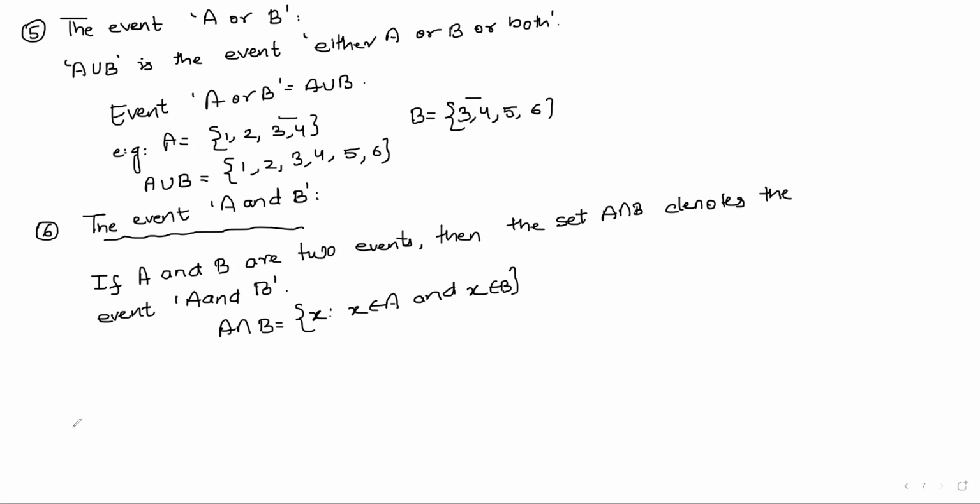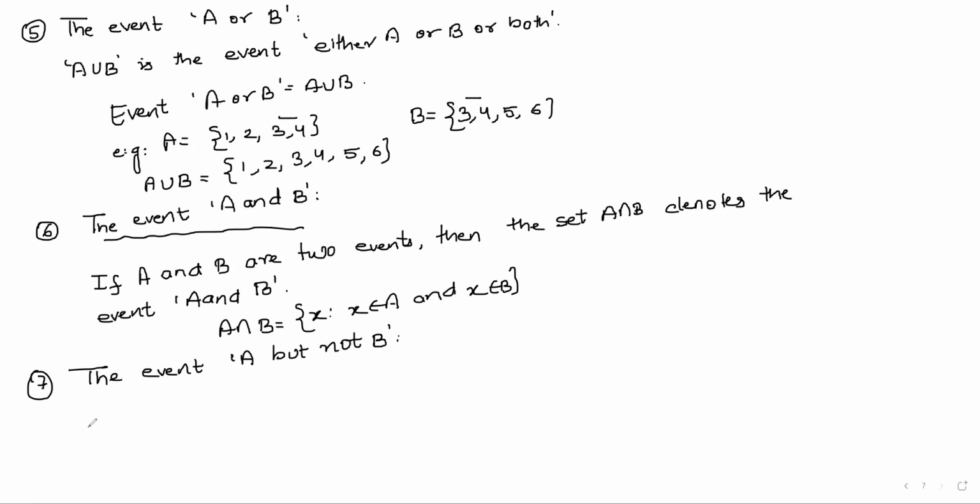Done. Next we'll do the seventh one. Seventh is the event A but not B. Okay.